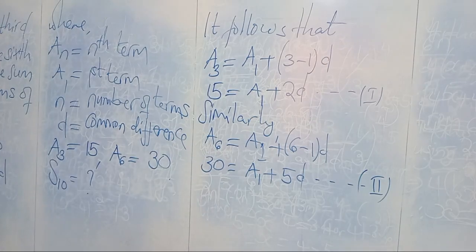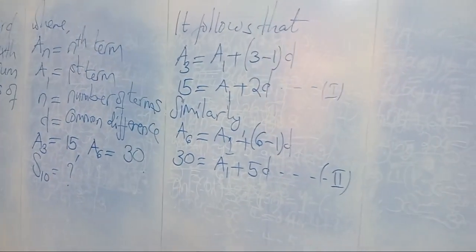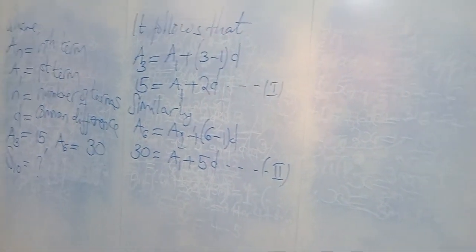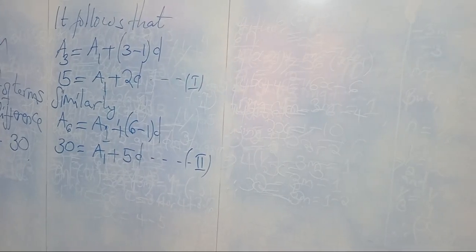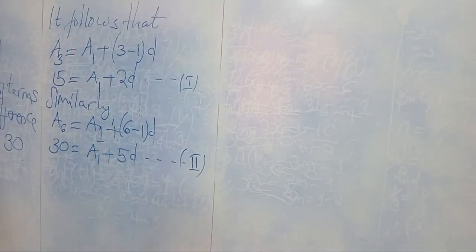So now we have two equations. The first one is A1 plus 2d equals 15, and the second one is A1 plus 5d equals 30. Some sort of simultaneous equations. You can recall the methods of solving simultaneous equations: you can use either substitution or elimination. For this particular case, let me use the elimination method.